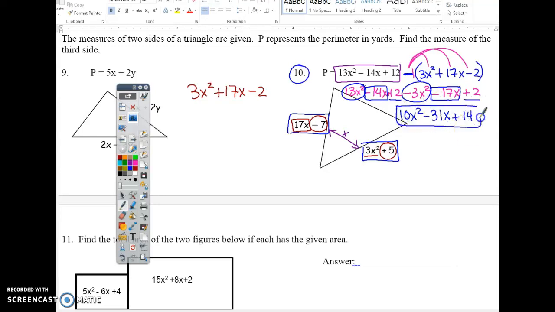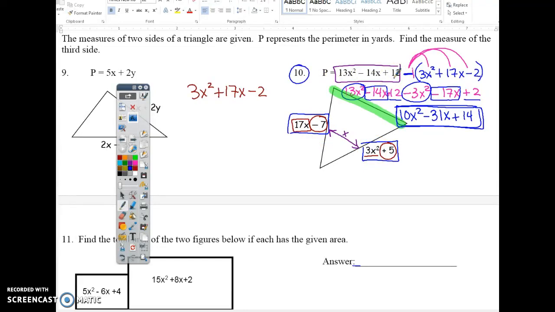This is your answer. This is the third side. This side right here, I'm going to highlight it. This side right here is 10x squared minus 31x plus 14. So again, we added first, and then you subtract it from the perimeter.